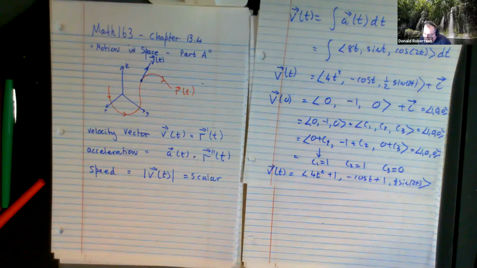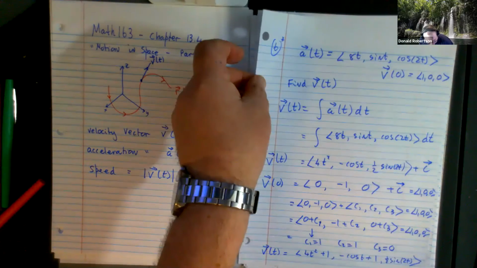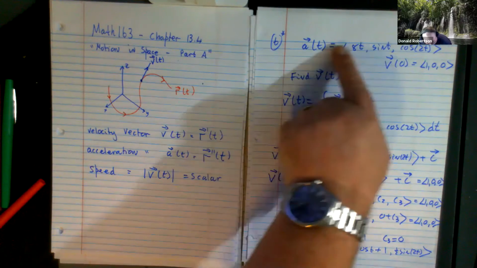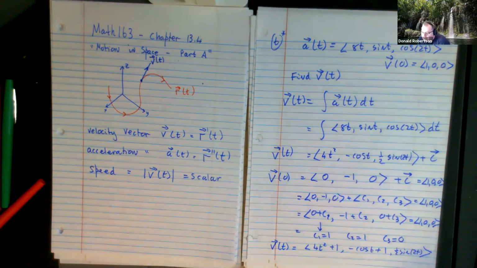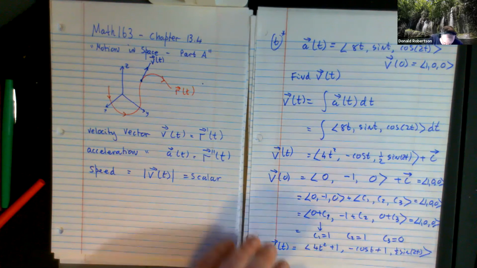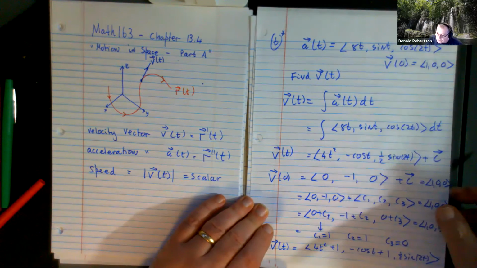Does that process make sense on how, if you're told the acceleration, you can find the velocity vector, provided you give me enough information? And the information is, tell me the acceleration vector and tell me the velocity at some given point t. So far, so good?